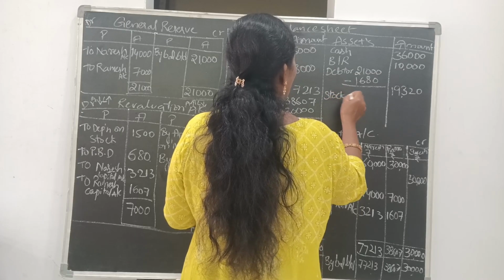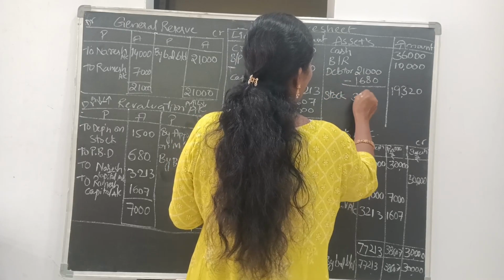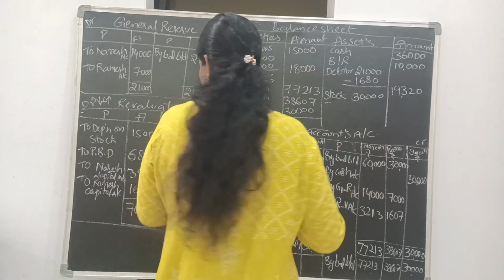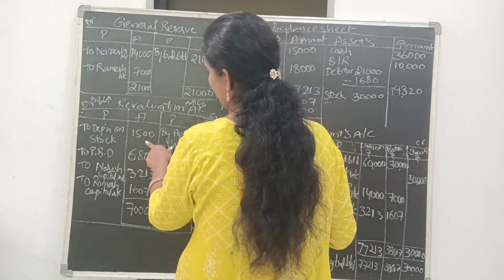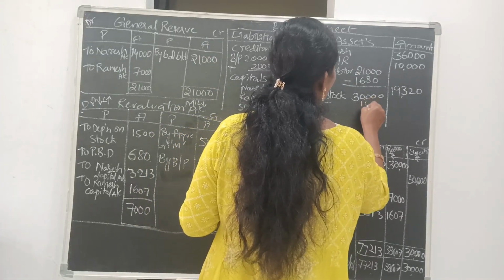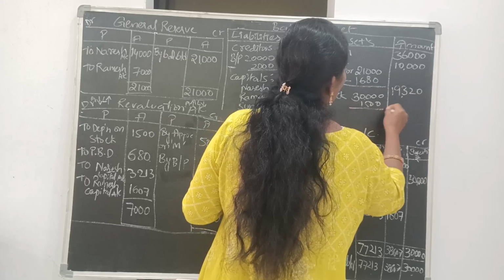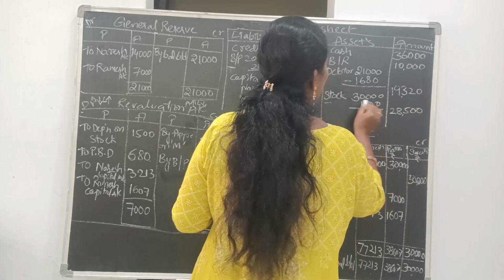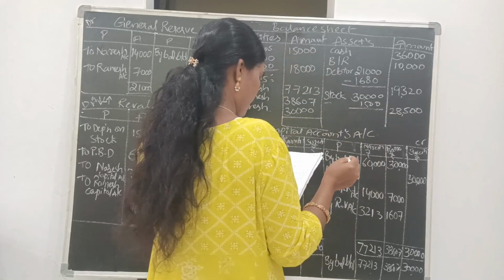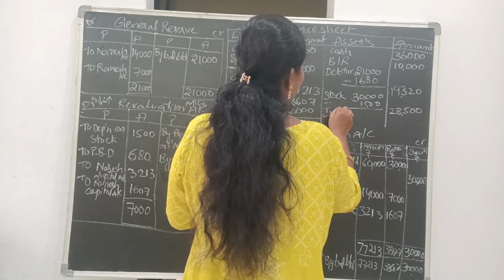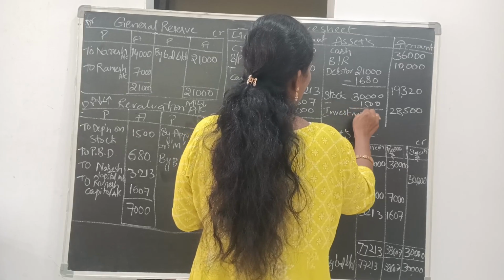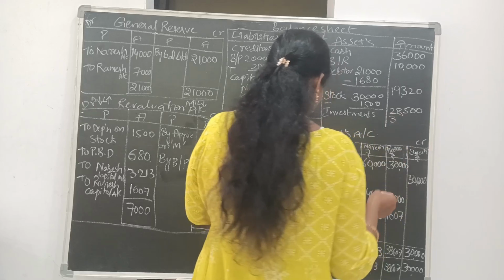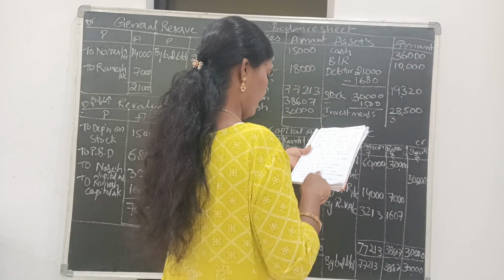Coming to the stock, what is the value of stock? 30,000. Stock to be depreciated by 5%, so stock depreciation is 1,500. So 28,500. Then investments, 35,000. Is there any adjustment?